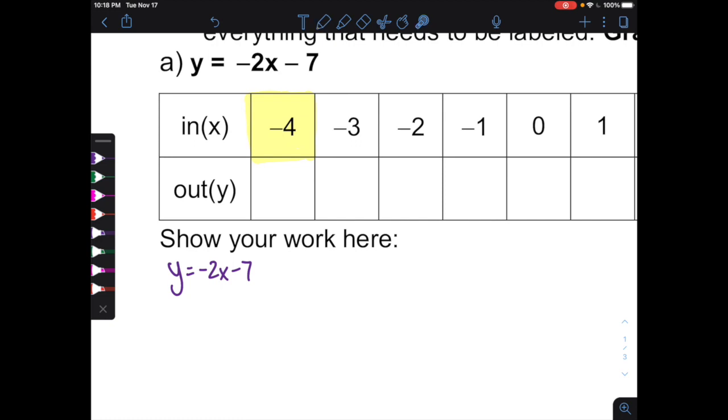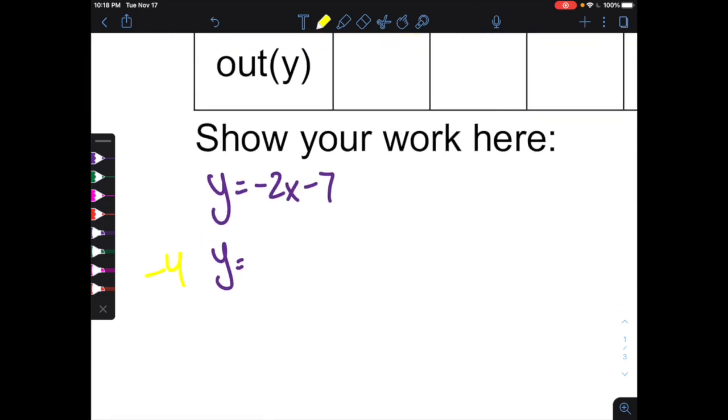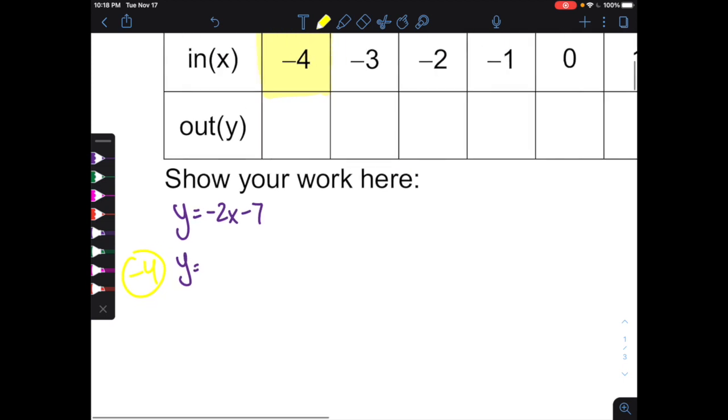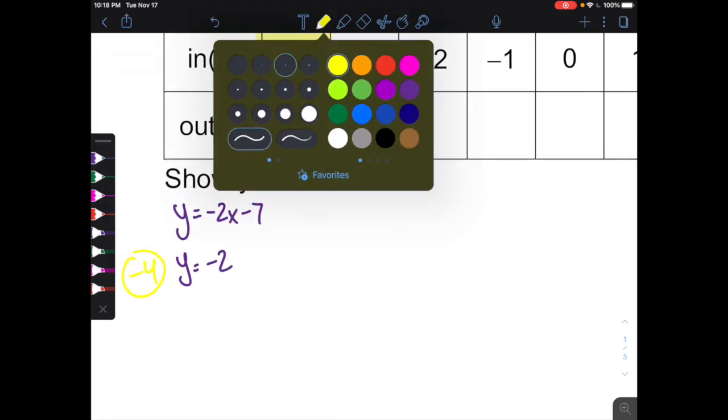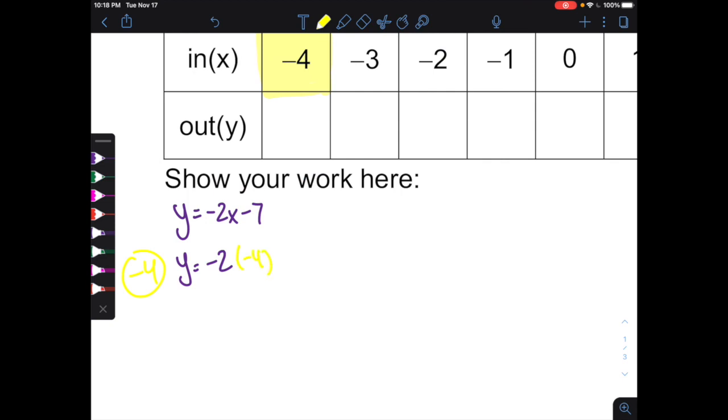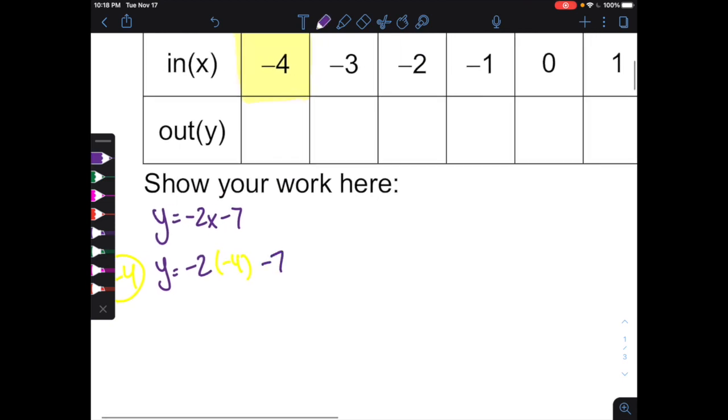And instead of x, I'm going to plug in negative 4 right here. So y equals, and before I do that, I'm going to label it negative 4. Okay, so y equals negative 2 times negative 4 minus 7.